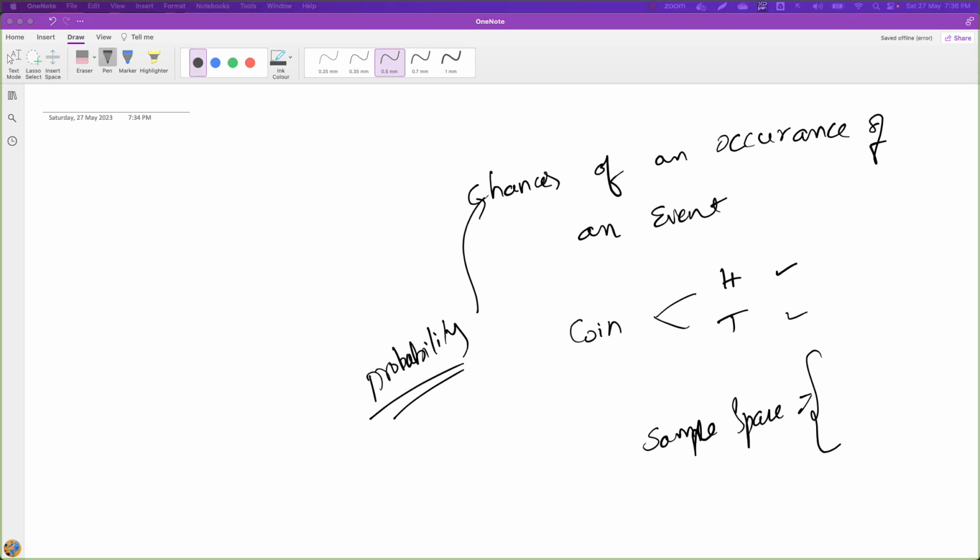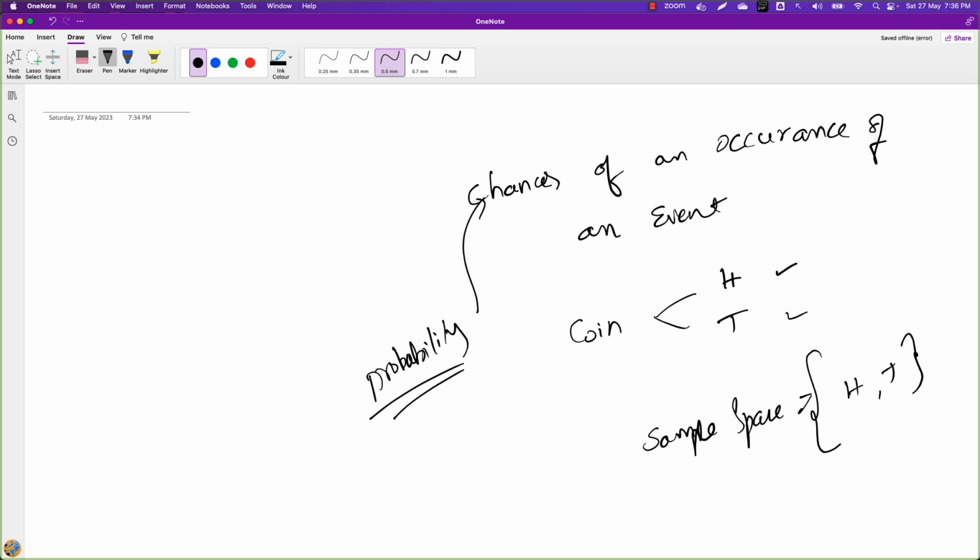In the case of tossing a single coin, all the possible outcomes are head and tail. So head and tail are part of my sample space. And when we calculate probability, we calculate it for one of the events in the sample space.